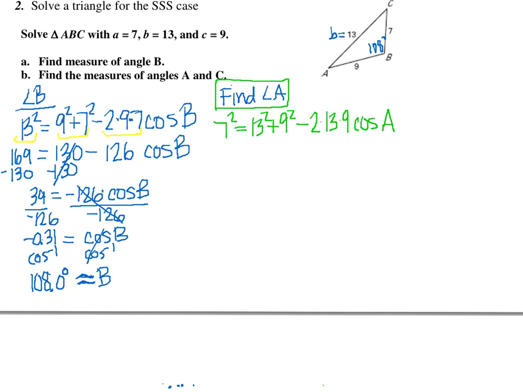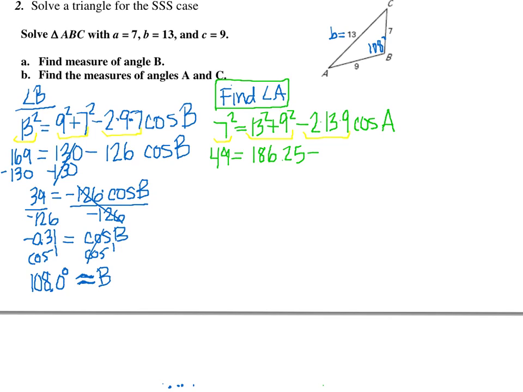And again, remember, we're going to simplify these a few pieces at a time first. We're going to simplify this and this and this to make sure that we're solving these correctly. So 7 squared is 49 equals 13 squared plus 9 squared. Oop, I looked at the wrong one.